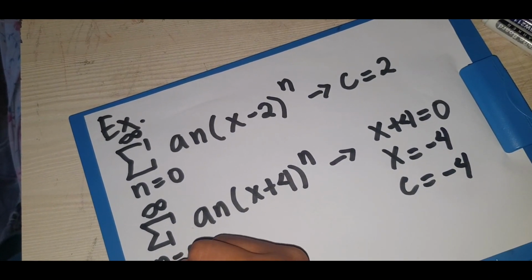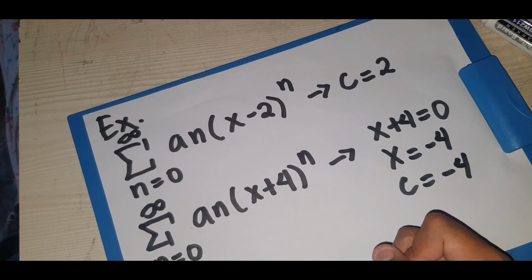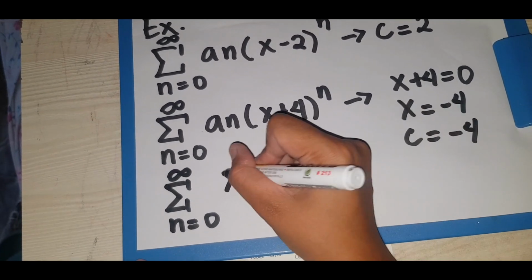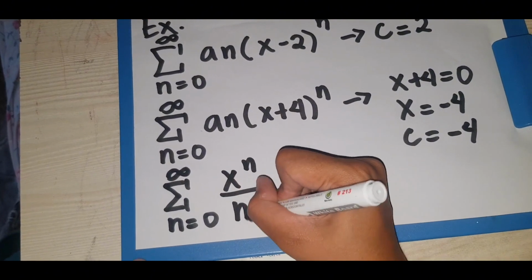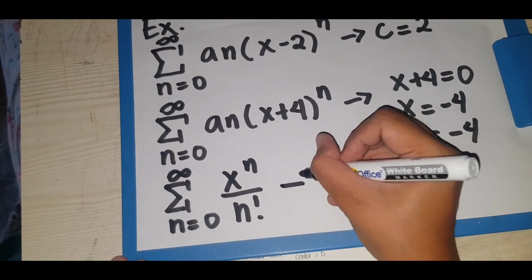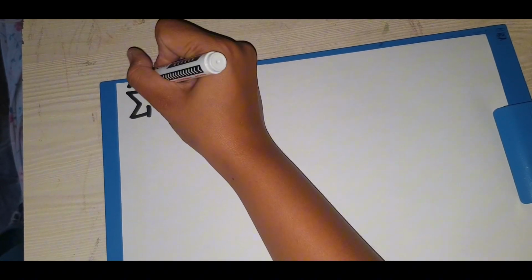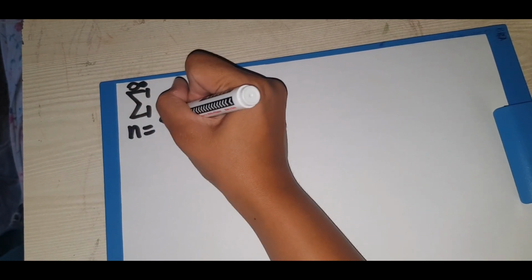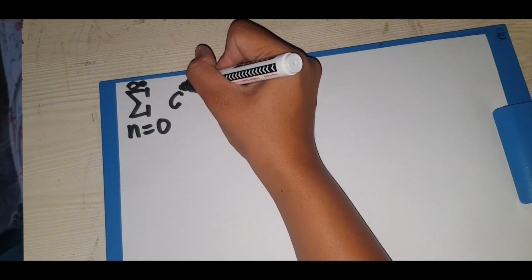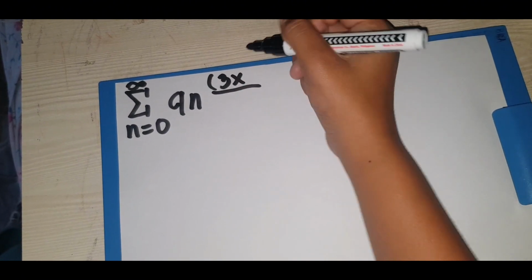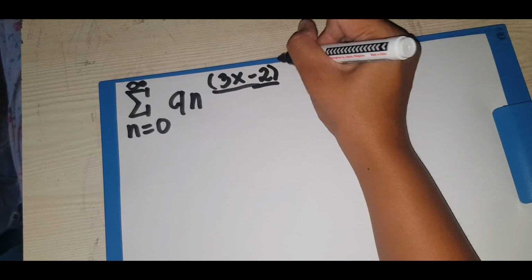The third example is the summation of n equals 0 to infinity of x raised to n over n factorial. The center of this is 0. Our fourth example is the summation of n equals 0 to infinity of 3x minus 2 raised to n over n.